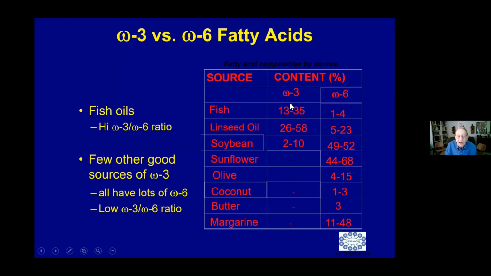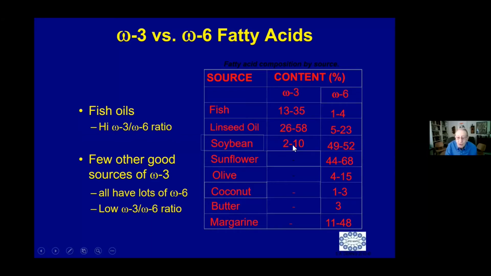And as everyone is probably aware, fish oils contain a relatively high concentration of omega-3 fatty acids, principally DHA and EPA, can be as much as 1/3 of the fatty acid in fish oils. But other oils contain very little. Linseed oil has a lot, but no one wants to eat it.